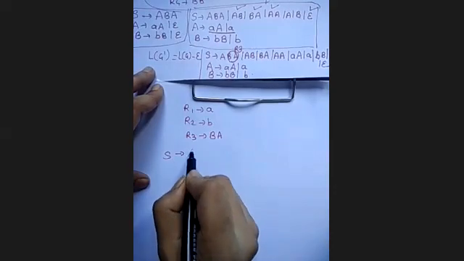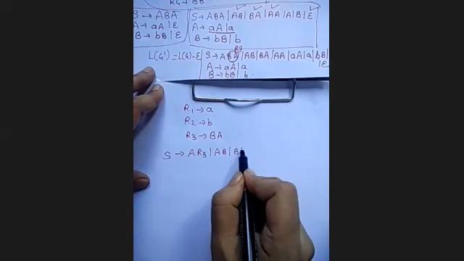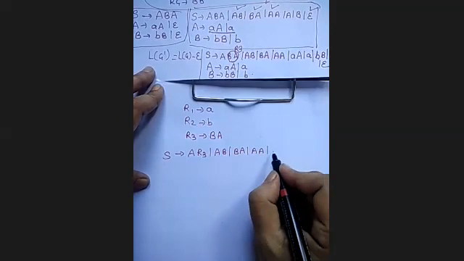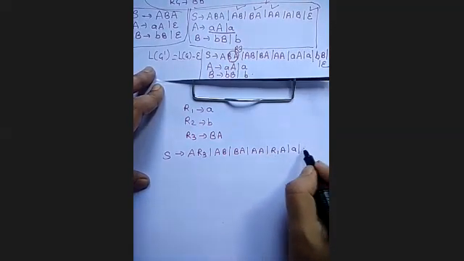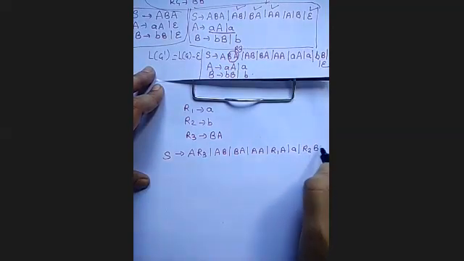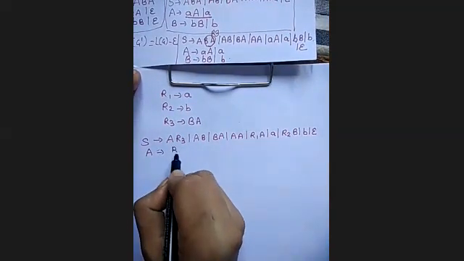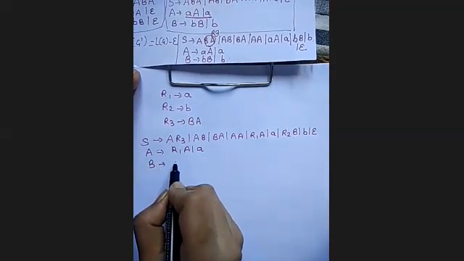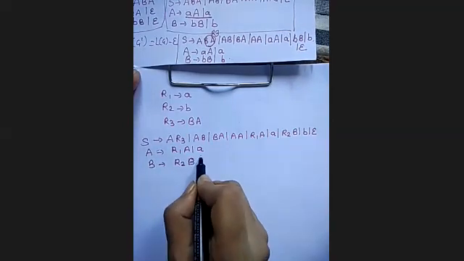S derives AR3, AB as it is, BA, AA, where this AA is replaced by R1A, small a as it is, small b replaced by R2B, small b as it is, and epsilon. Then for A, small a is R1, R1A or A. For B, small b is R2, R2B or B.